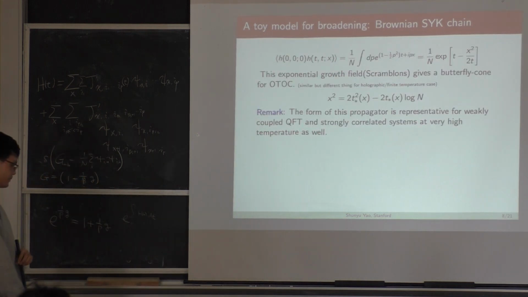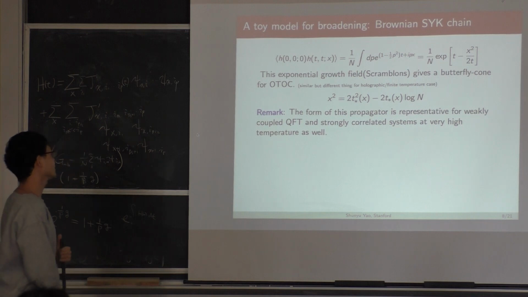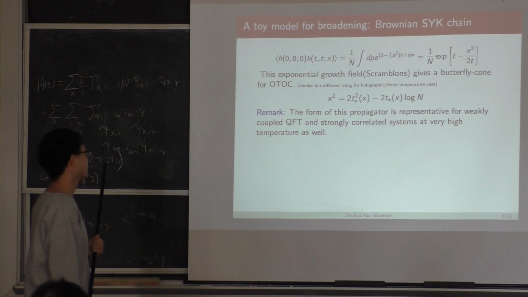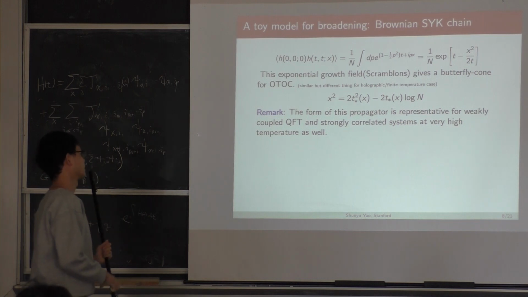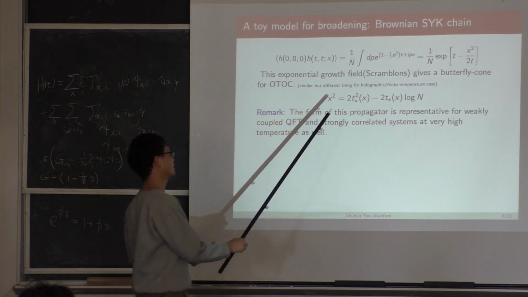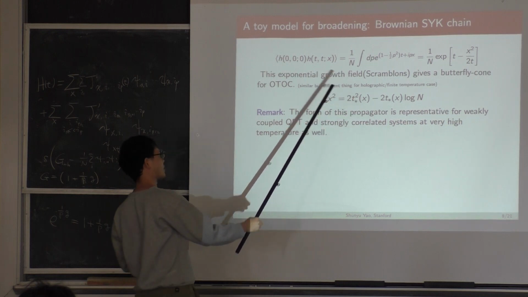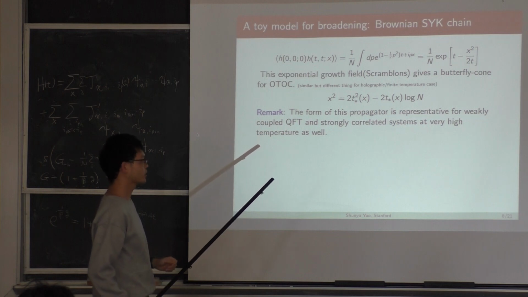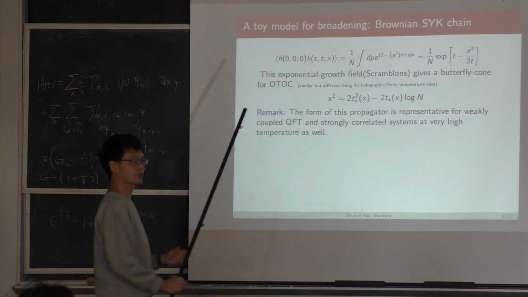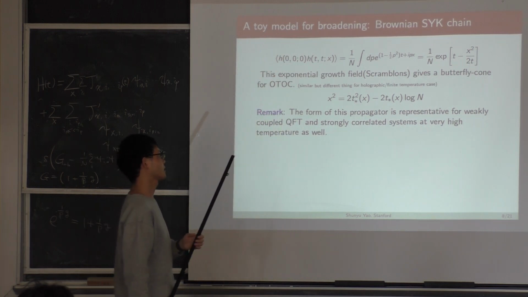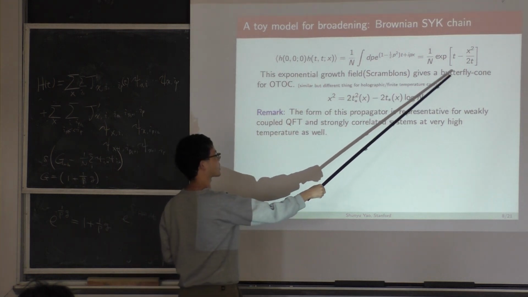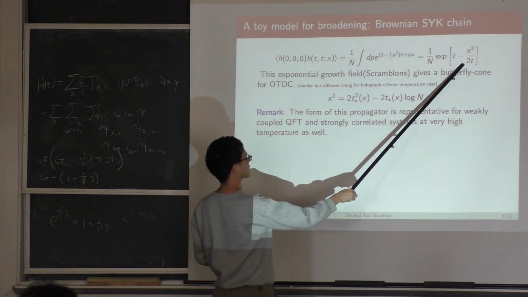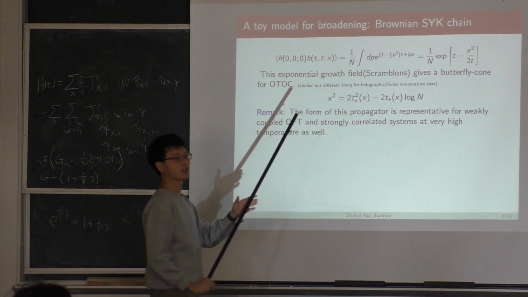Okay, so let's try to understand or uncover this formula a little bit more. First of all, this is an exponential growth field, and later on we will keep calling this scrambling. It's related with OTOC, so it would be good to ask the same question we motivated at the beginning. Let's calculate when this thing becomes order 1. That's given by the C in the bracket equal to log of n.